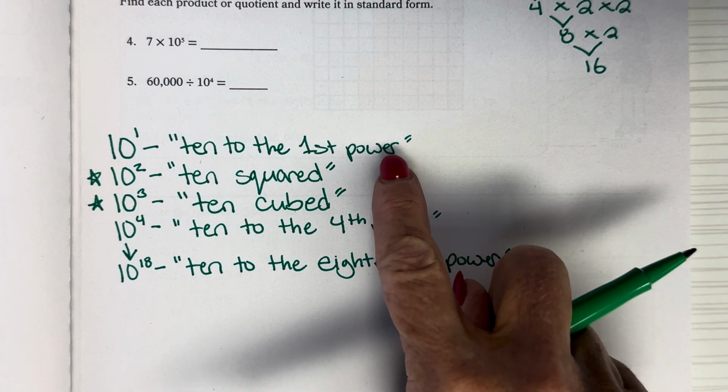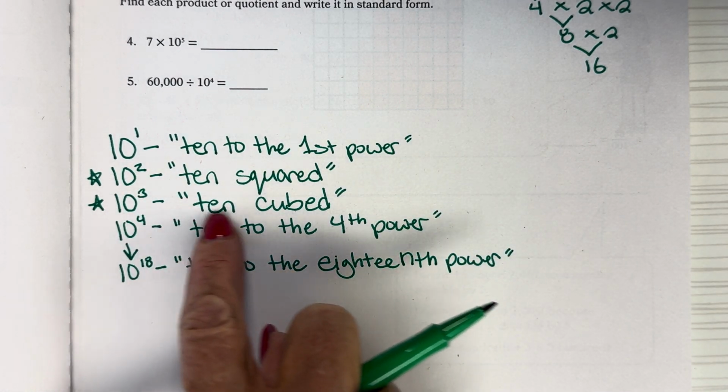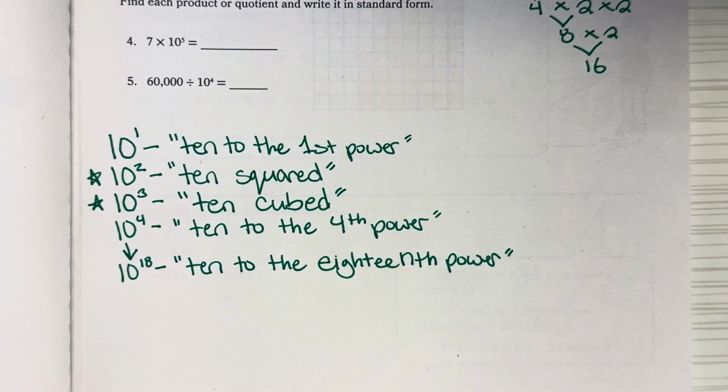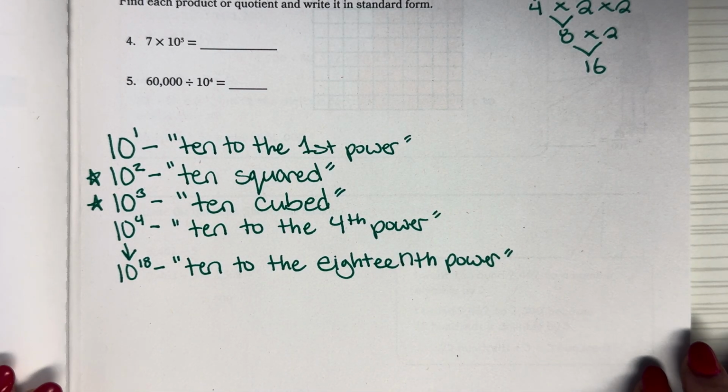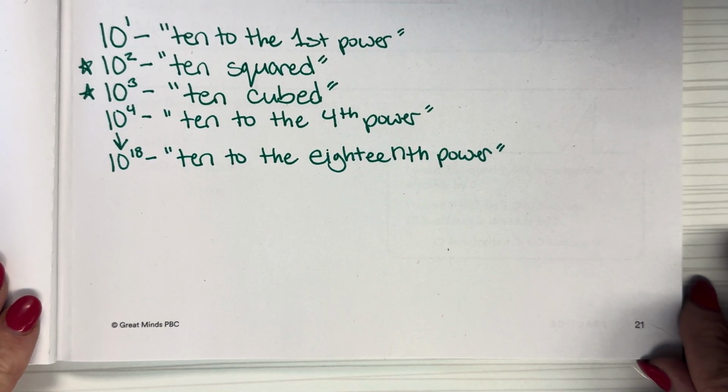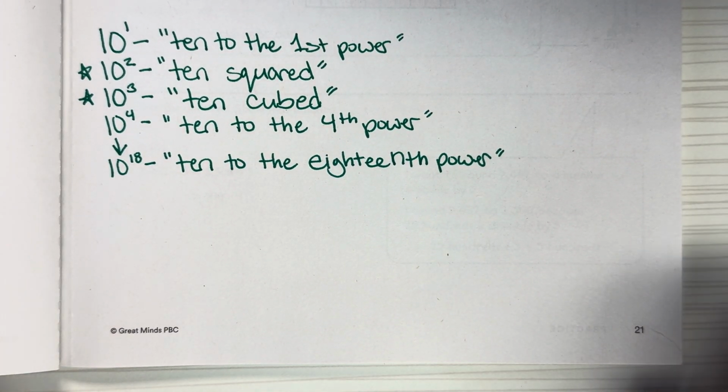So they're all going to be power except for these two. Those two are the only exception. So when you hear me saying them in class or in videos, I'm going to be reading them using this correct way.